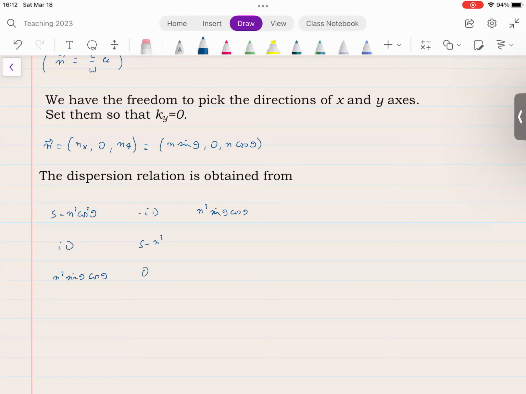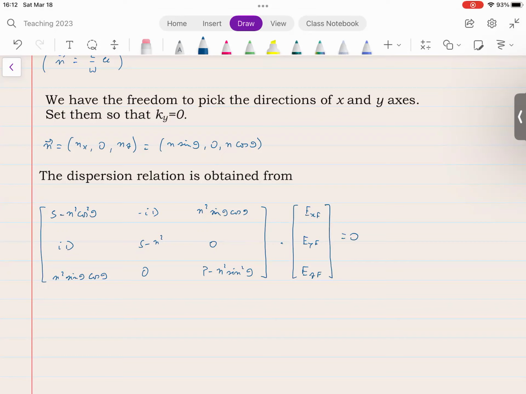And a couple of zeros, fortunately, and then P minus n squared sine squared of theta. The whole thing multiplies E transformed, and this must be equal to 0.